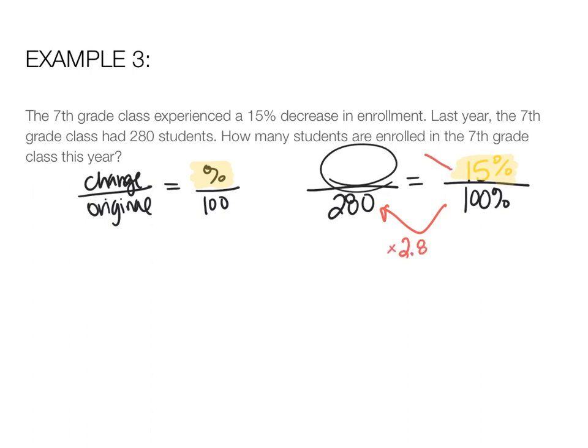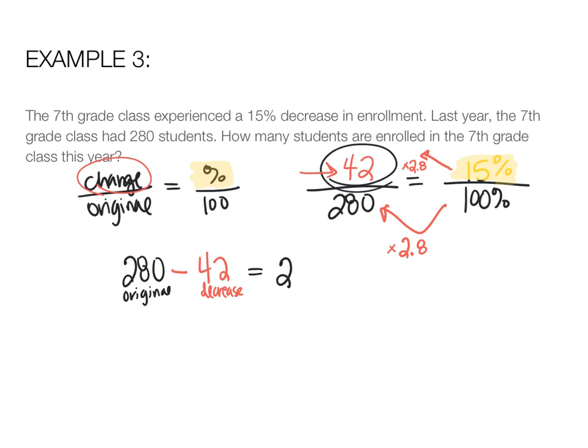That means I need to multiply 15 by 2 and 8/10 to get my new amount, which is 42. This is telling us how much it changed. There were originally 280 students. They experienced a 42 student decrease, which leaves us with 238 students remaining in the class this year.